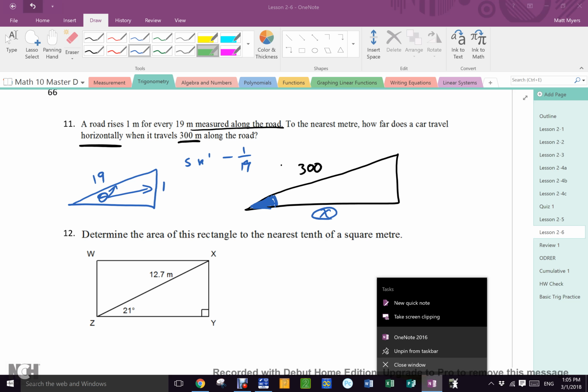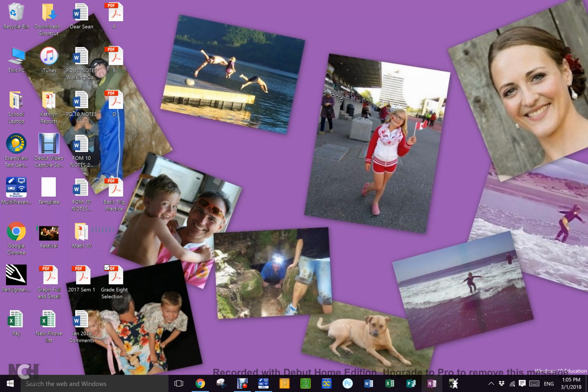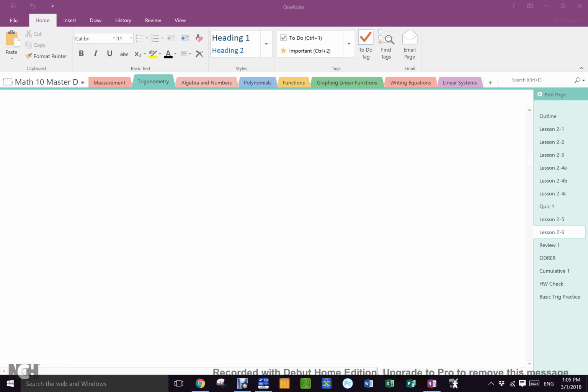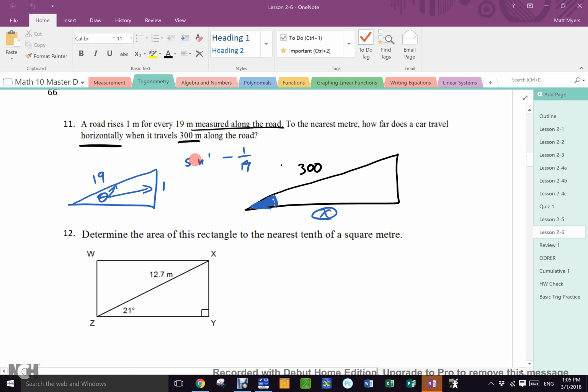And once that gives you theta, once you have theta, that answer, shift sine of 1 over 19, becomes theta, doesn't it? So down here, you know that theta equals shift sine of 1/19.